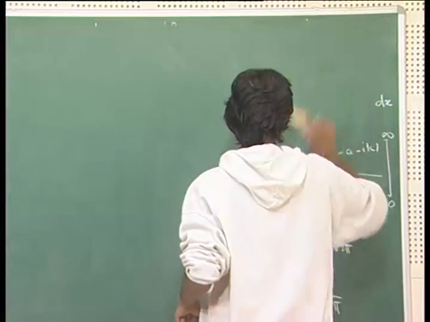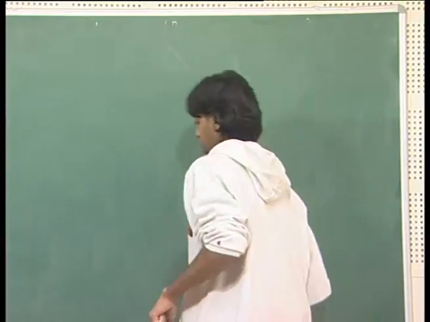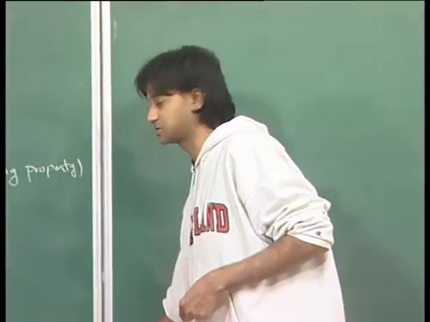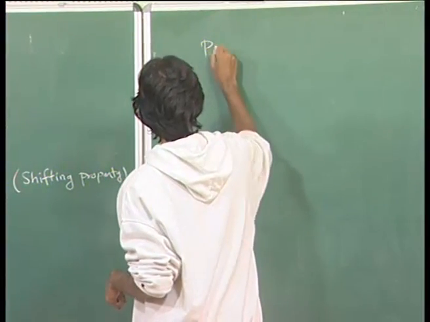I will just state it for now, and then we will close this discussion on Fourier transforms. We will look at some specific examples in the next class. So this is called Parseval's theorem.